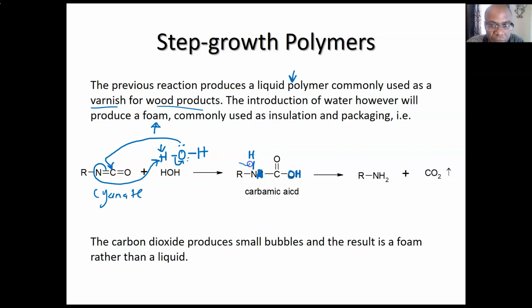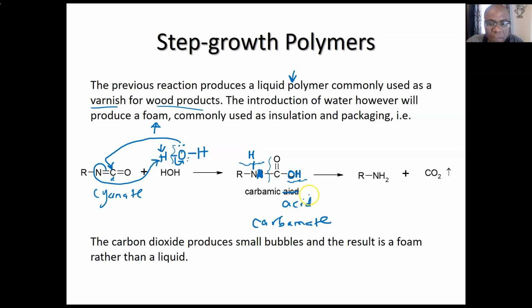So basically you've added the H to the nitrogen and the OH to the carbon of the carbonyl of the cyanate. So you end up with a carboxylic acid form, but you're going to call it a carbamic acid. Carbamic acid, it's no longer carbamate.